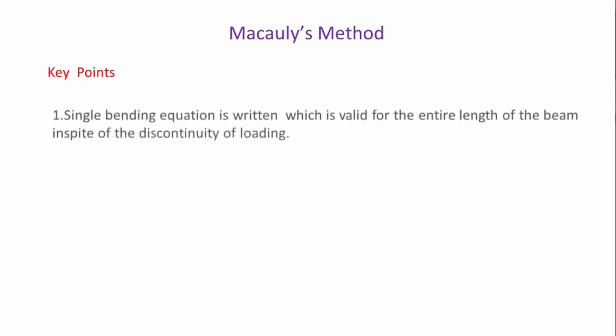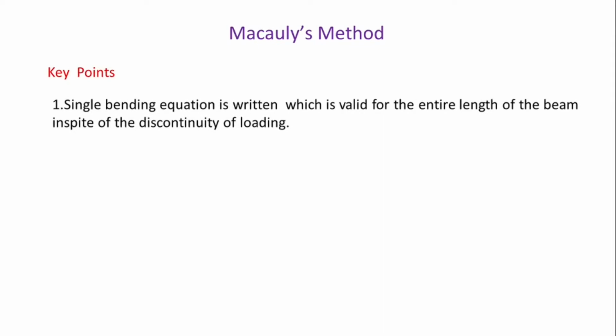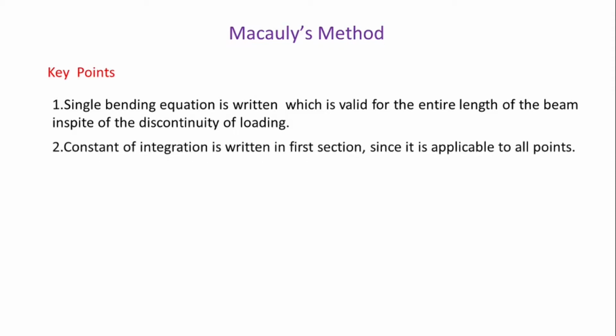The key points of Macaulay's method. The first one is that a single bending moment equation is written which is valid for the entire length of the beam in spite of the discontinuity of loading. Second, the constant of integration is written in the first section since it is applicable to all points.